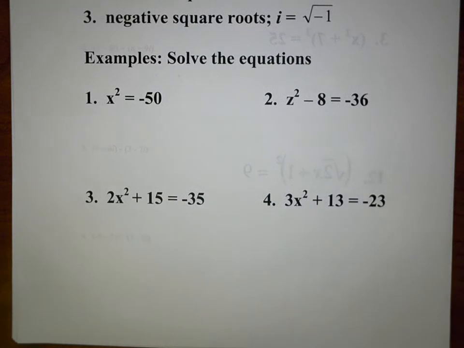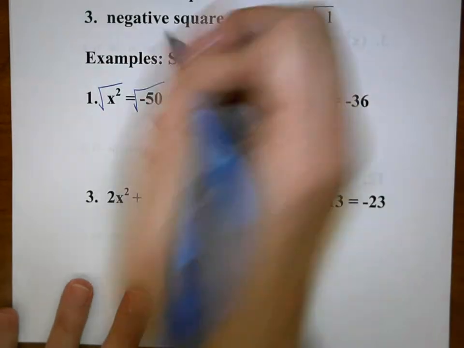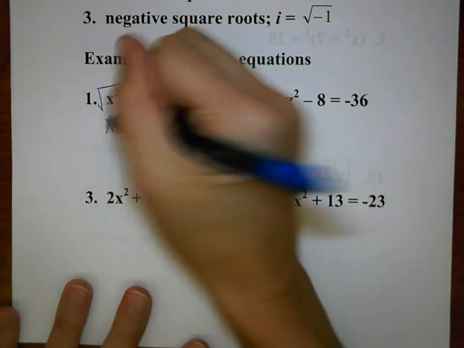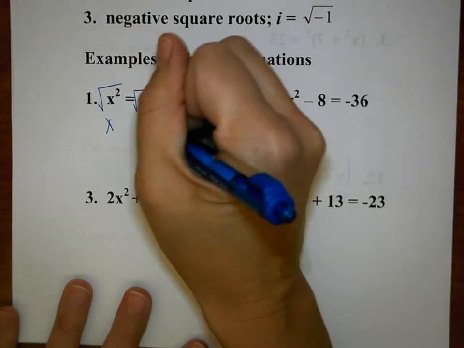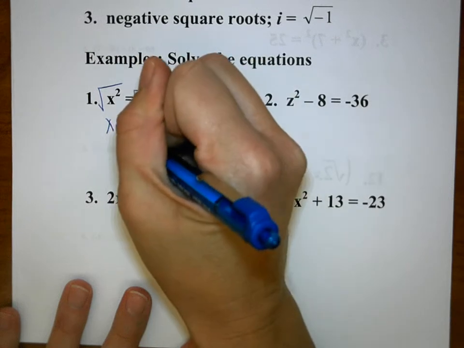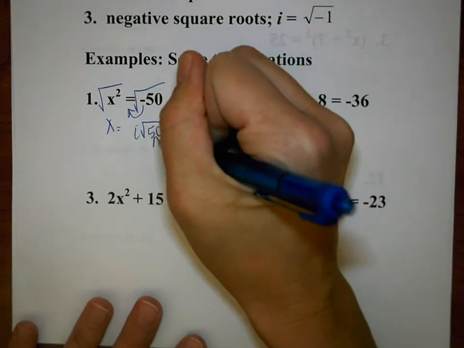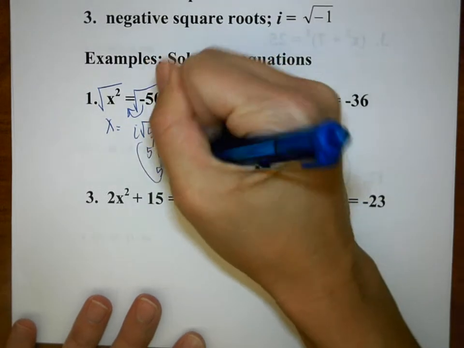You don't square them, you take the square root of both sides. Okay, so the square root of x squared is x, and what happens when you have a negative? Bring it out, it becomes i root 50, and then can 50 break down? To what? Okay, either way, you get the same answer.